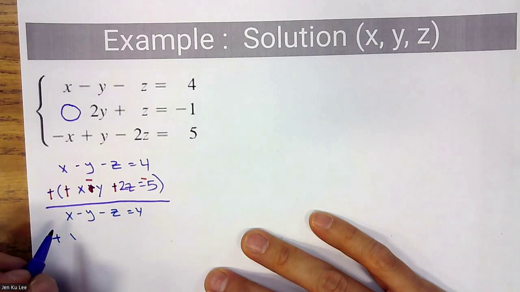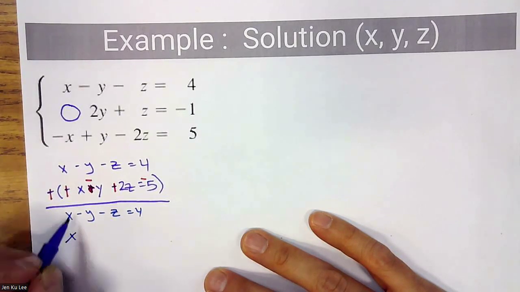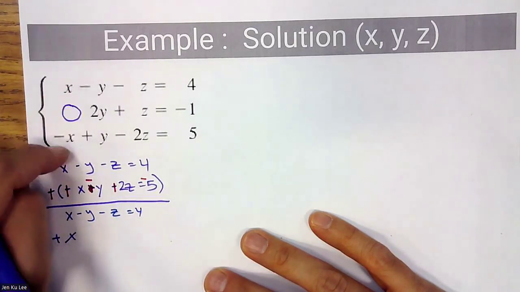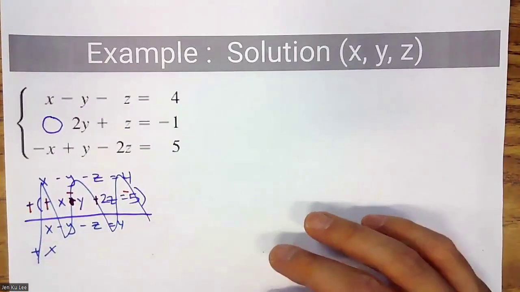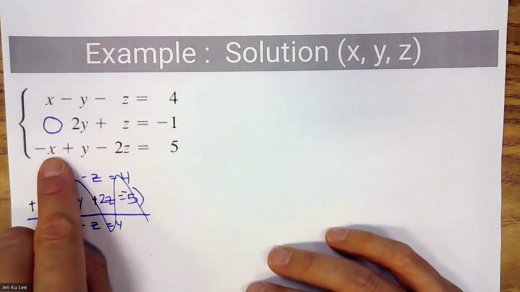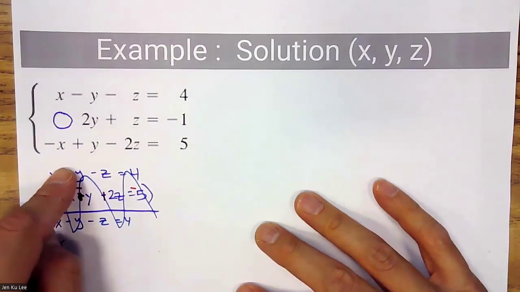Oh no, what did I do wrong? If I plus x, I get 2x, right? I should have just added the 2, because it's already a negative, right? If I add x minus x, they would just cancel out, correct?